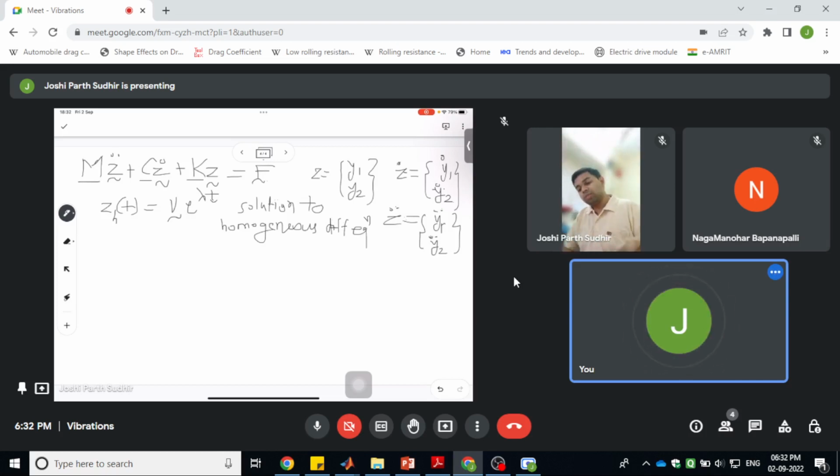The total solution will have two parts: the solution to the homogeneous differential equation plus zp of t, which is the particular solution.